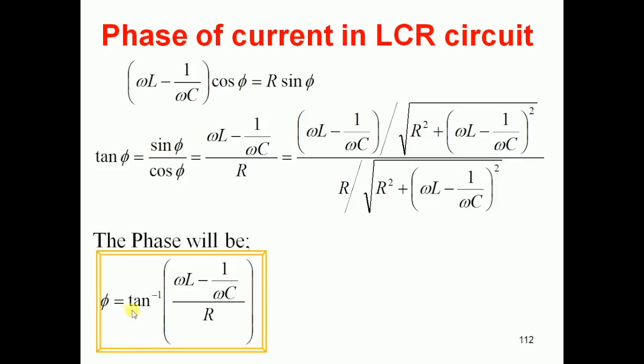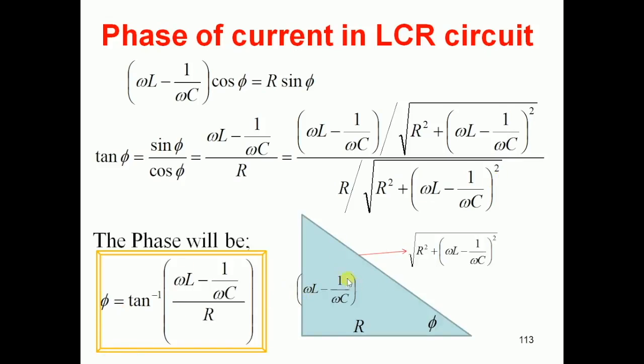So phi is equal to tan inverse of this quantity, and then we have one triangle representation where this is angle phi, this side adjacent side to the phi is R, front side to the phi is omega L minus 1 upon omega C, and hypotenuse of this will be under root of one side square plus another side square.